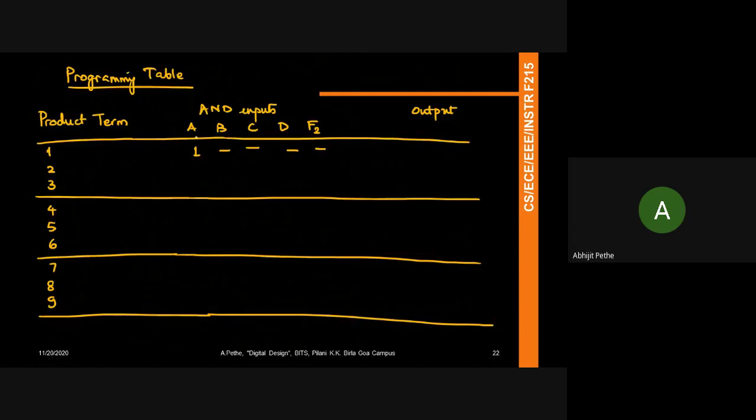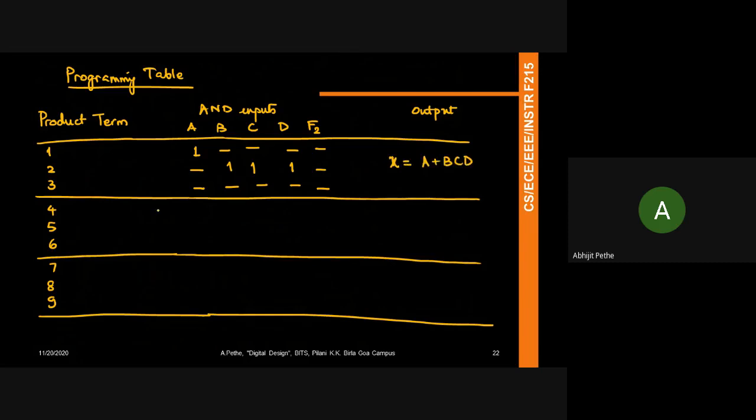So the programming table here would be B, C, D, nothing else. The third one, I'm not using it, so I keep all the fuses open. So in this case, the output, what did we call this output? X, which is equal to A plus B, C, D.